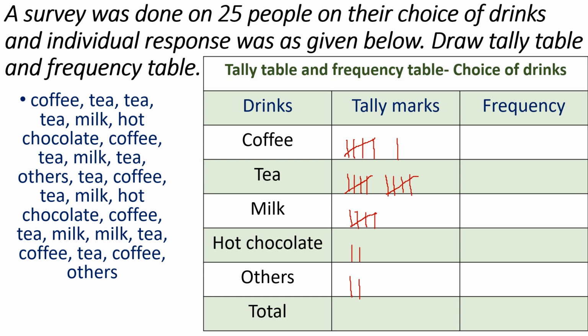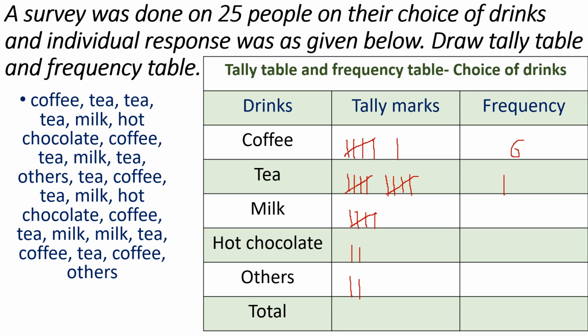Now what is frequency? Frequency means number of times any response occurs, or we can say number of tally marks is called frequency. So for coffee, the number of tally marks is 6. It means frequency to choose coffee is 6. And for tea, frequency to choose tea as their favorite drink is 10.